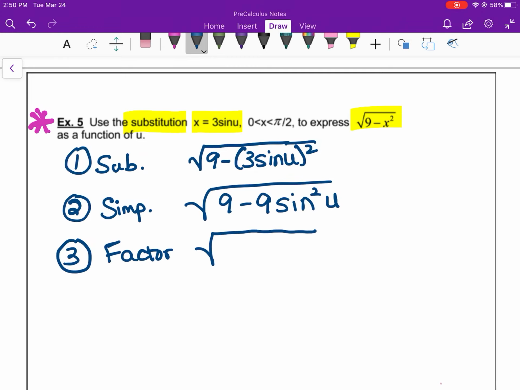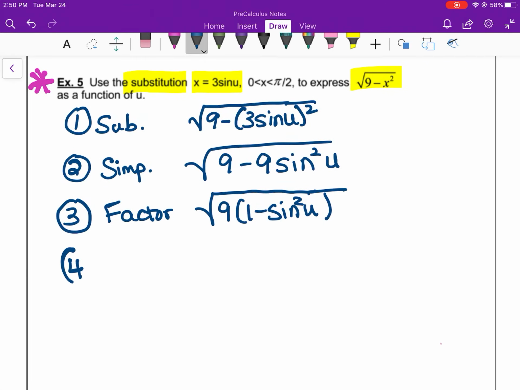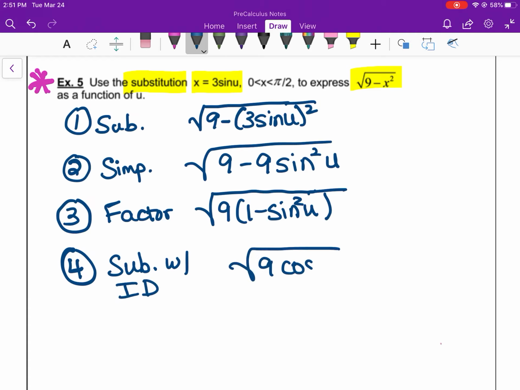We're going to factor out the 9. Okay, and then we're going to substitute with an identity. 1 minus sine squared is cosine squared.